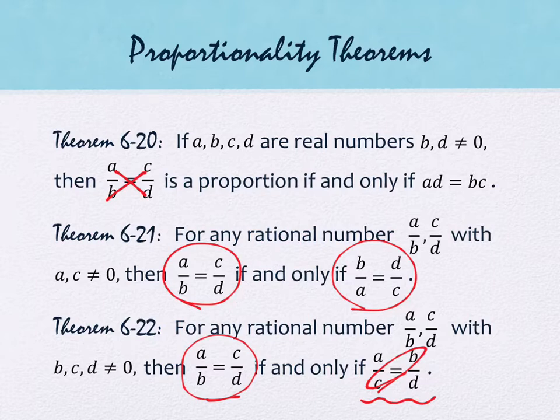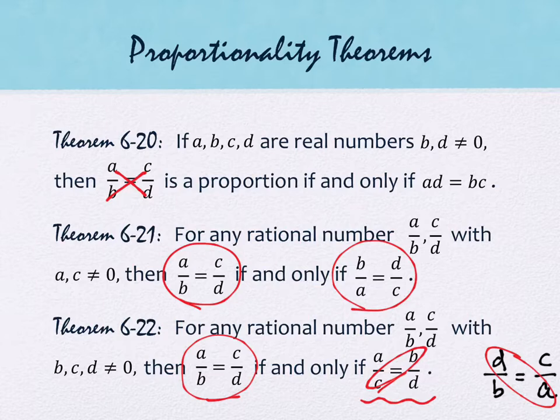And there's nothing special about B and C. I could have equivalently switched A and D, and it would have worked too. So it's equivalently true that we could say D over B is equal to C over A and have flipped this diagonal instead. And it would have created equal fractions too.